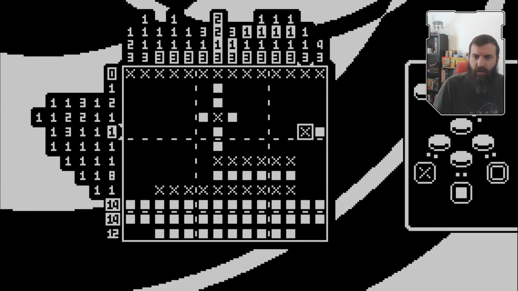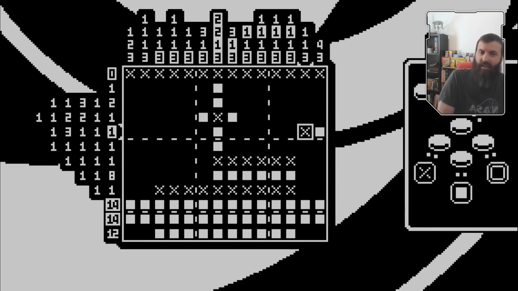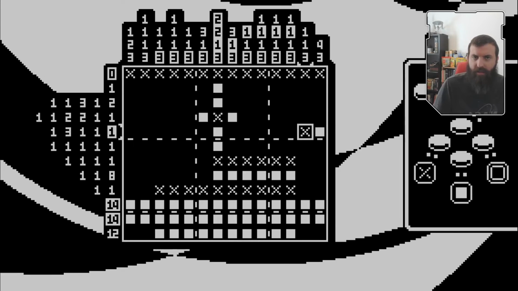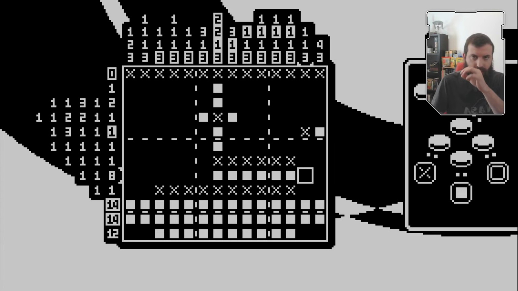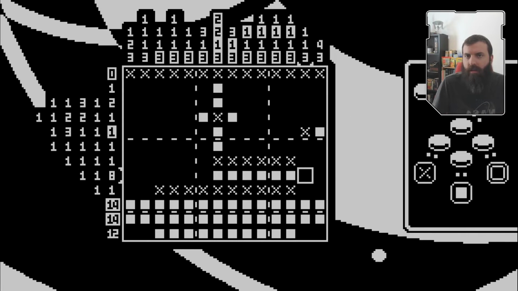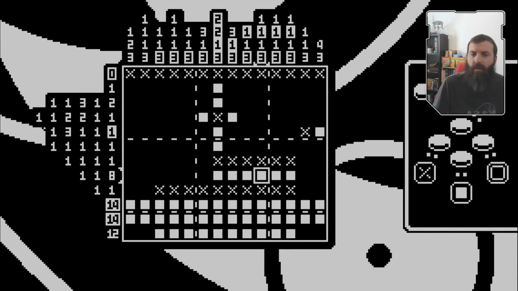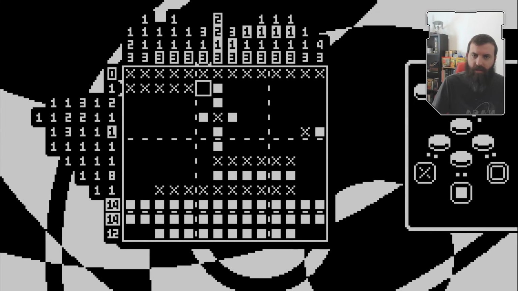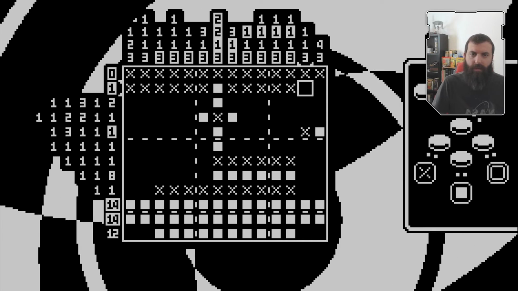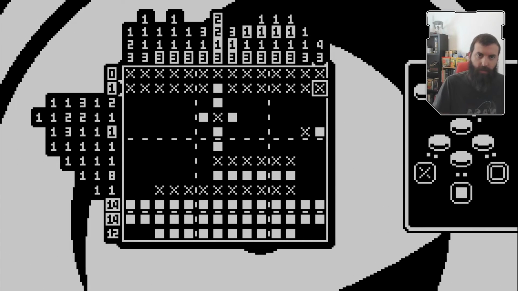We know that we've got a horizontal 1, so we can go ahead and X that out. Doesn't help us a ton. Right. Oh, looking horizontally, this is a horizontal 1. We've already got 1 pixel on there, so we'll go ahead and blank that in.